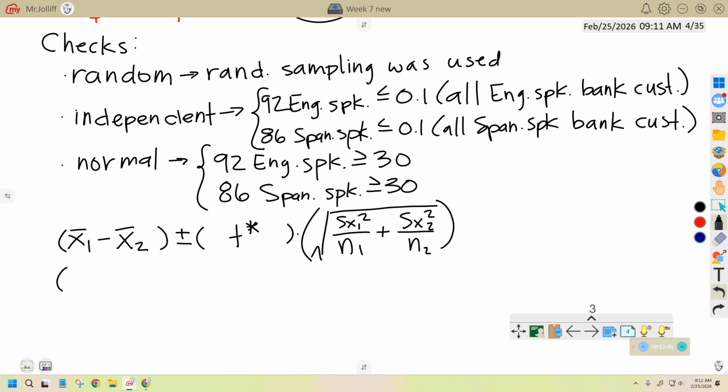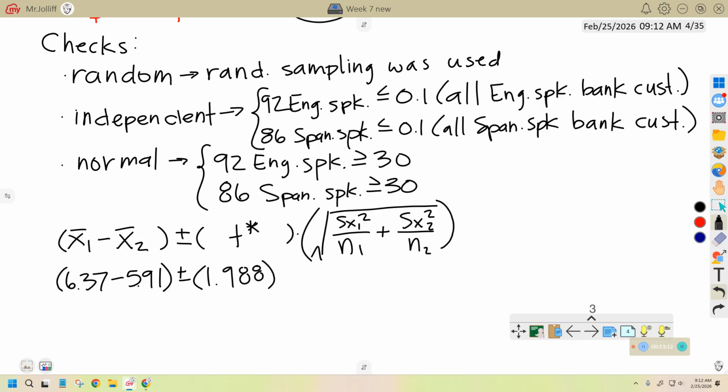Okay, so I need a copy of 7C. Oh, come on, fat little fingers, cooperate here. Okay, so 6.37 minus 5.91 plus or minus, and then our t-score was 1.988.